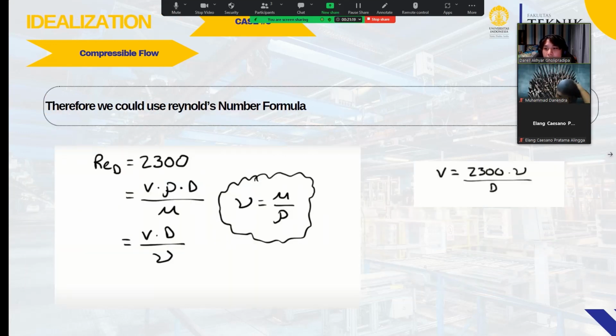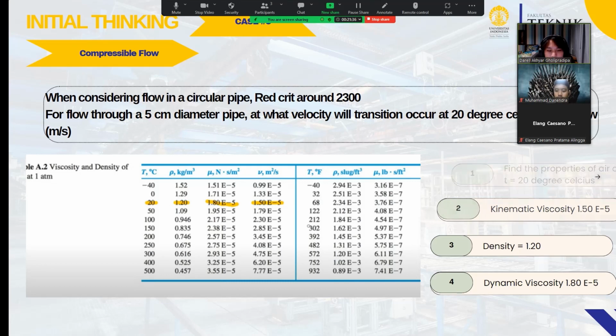Next we can move to the idealization. Knowing all the parameters, we can use the Reynolds number formula, which is velocity times rho times d per the dynamic viscosity.